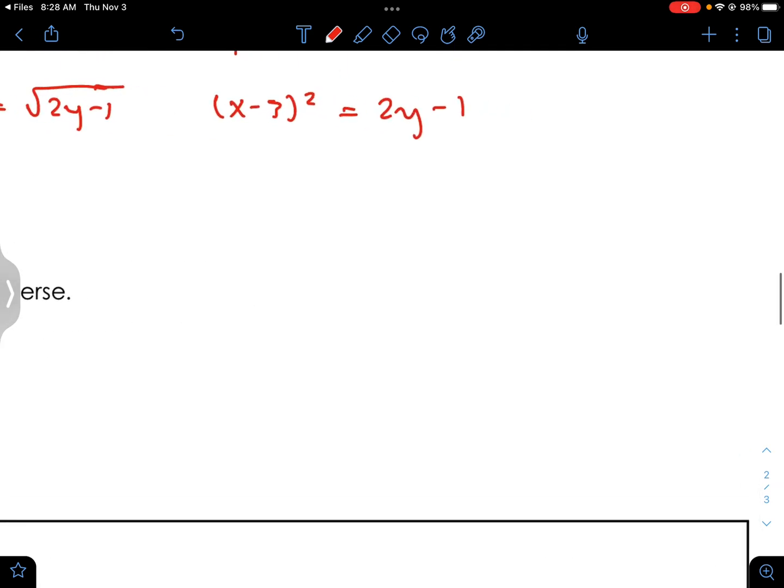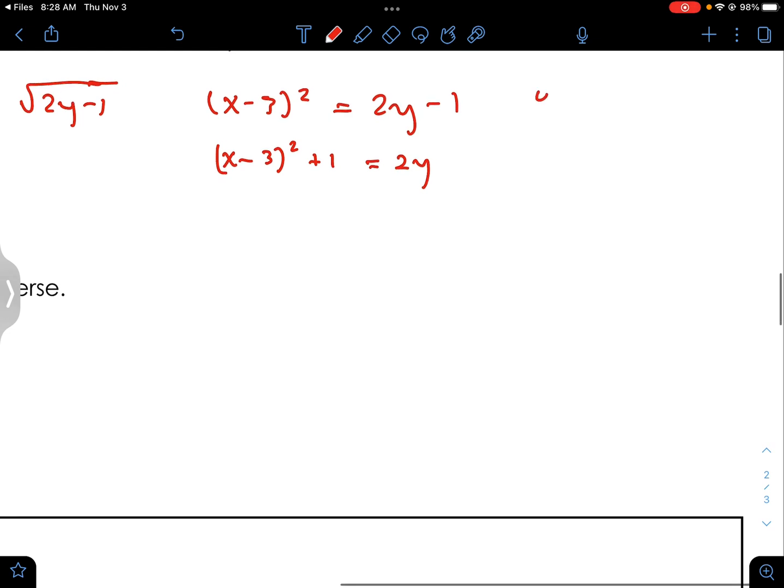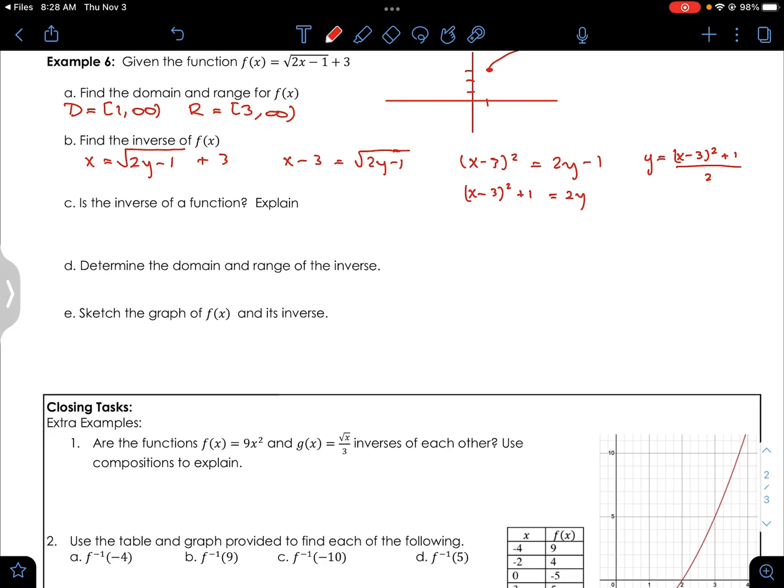We would add 1 to both sides, and we'd get x minus 3 squared plus 1 equals 2y. And finally, we would have y is equal to x minus 3 squared plus 1, all divided by 2. And so that would be our inverse function.